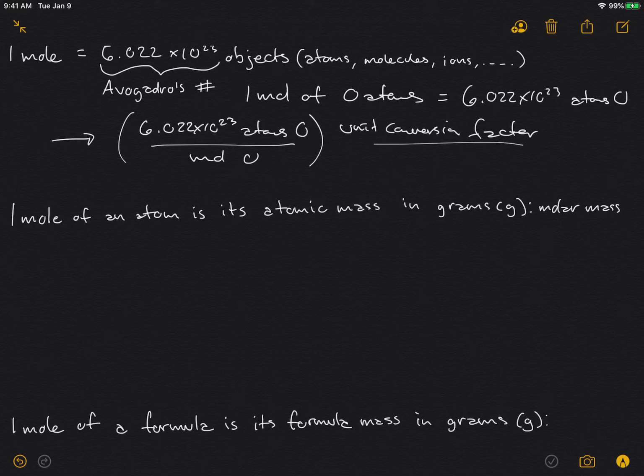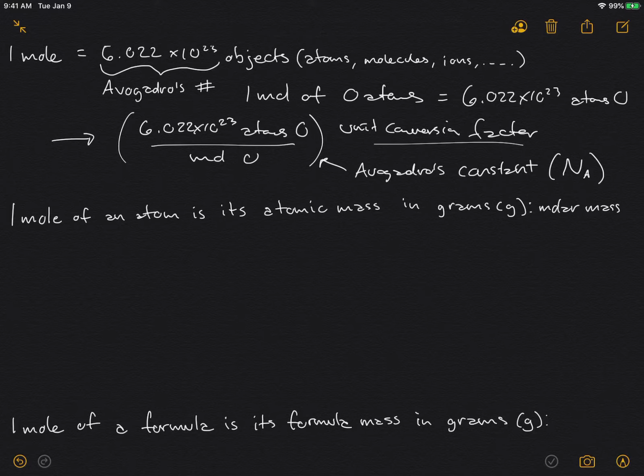And this is what is known as Avogadro's constant, since it has units, and the units are per mole. Atoms is just something that we insert to keep track of what it is we're talking about. It could be atoms, molecules, ions, whatever it is. And you might see Avogadro's constant written as capital N subscript A.